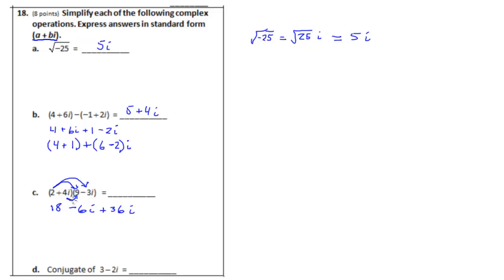And then 4 times -3i is minus 12i squared. And just remember, i squared is equal to -1.